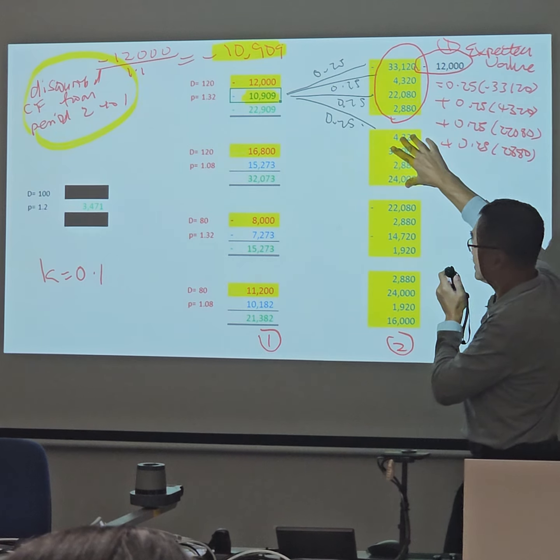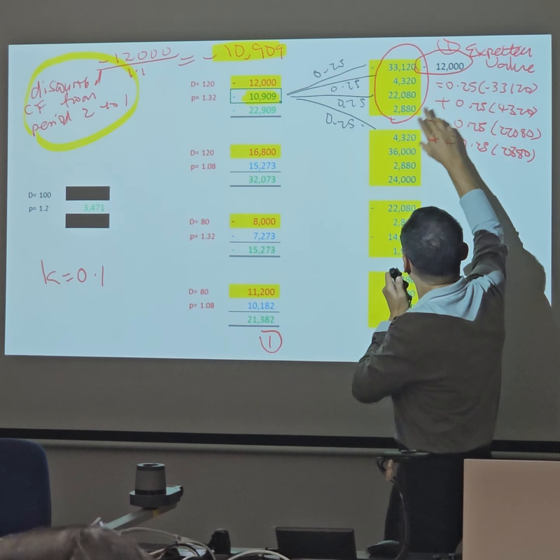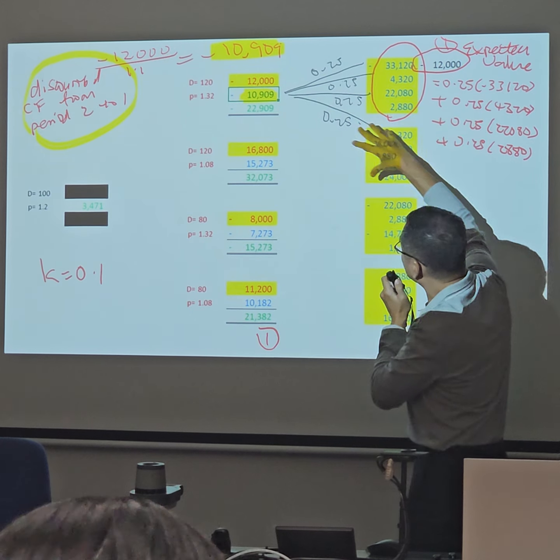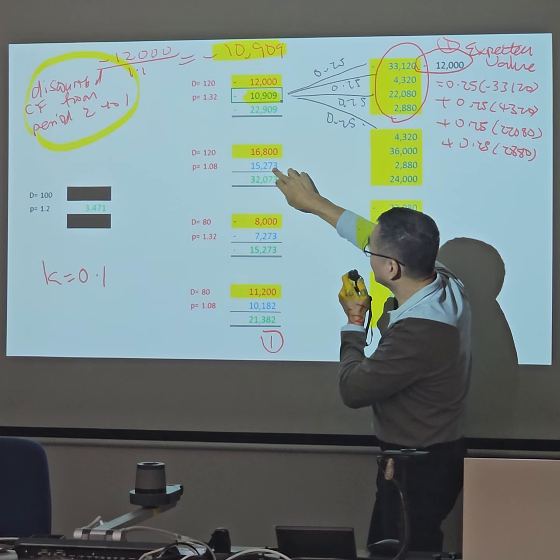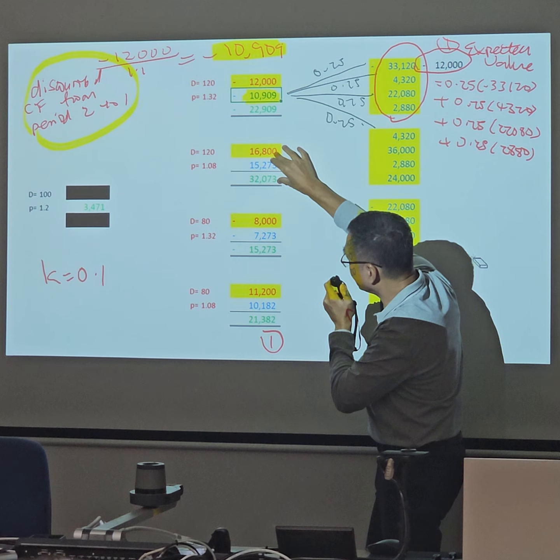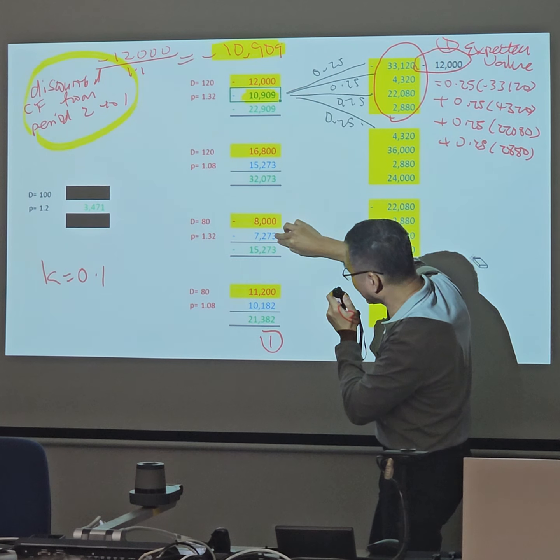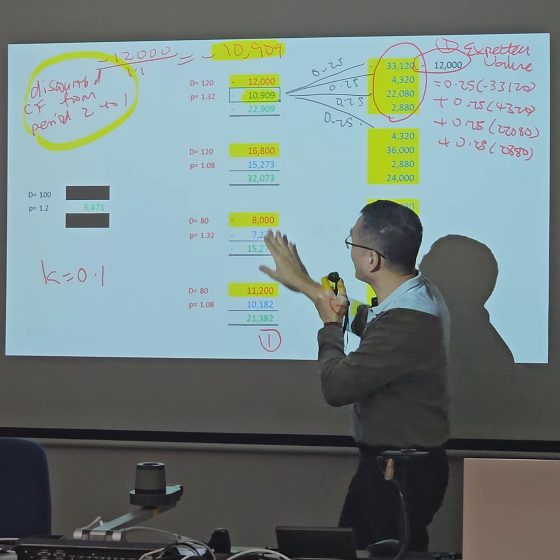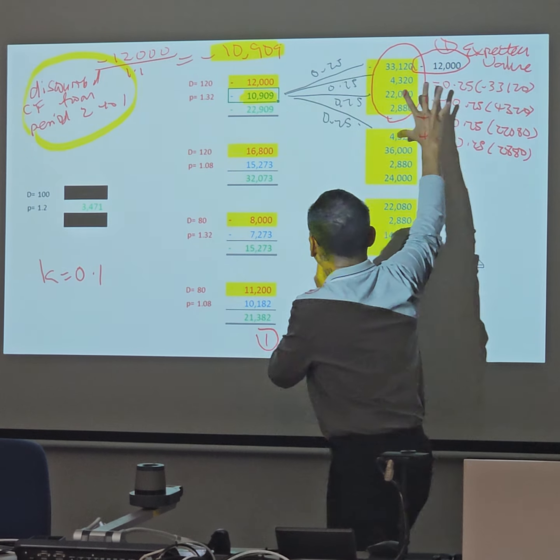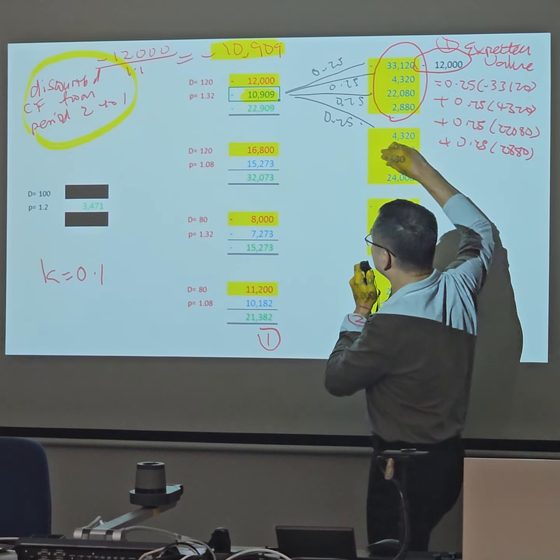Similarly, for this one, number one, take expected value. Number two, discount it back to 15,273. Then you sum up. Similarly, this one, you add up.